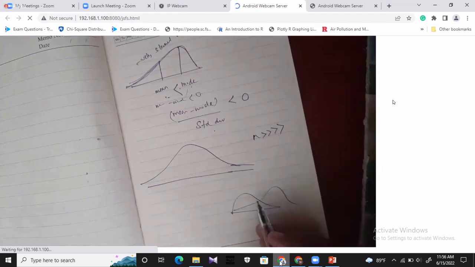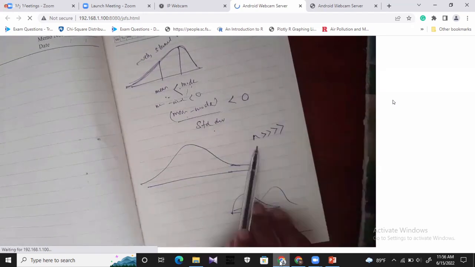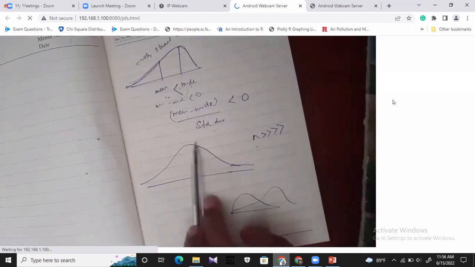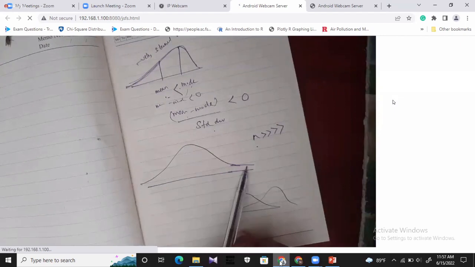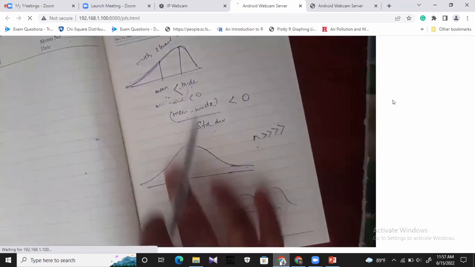That is why we always try to get a large sample for a research, a survey, or an experiment. So if we can use a large sample size, then definitely that is going to be a normal distribution.